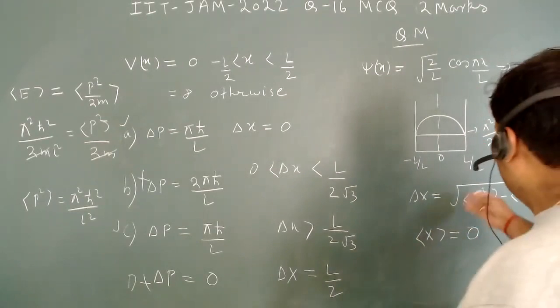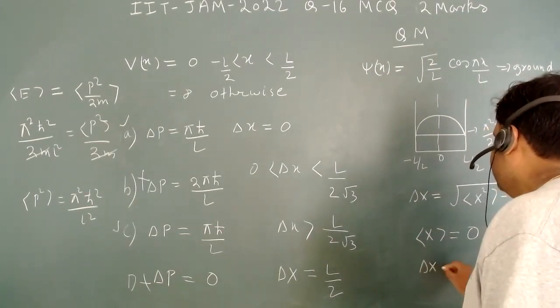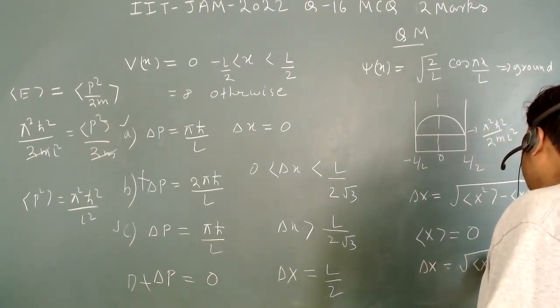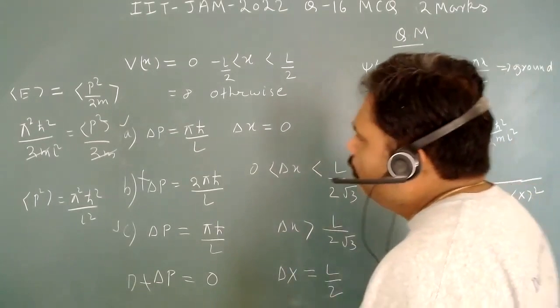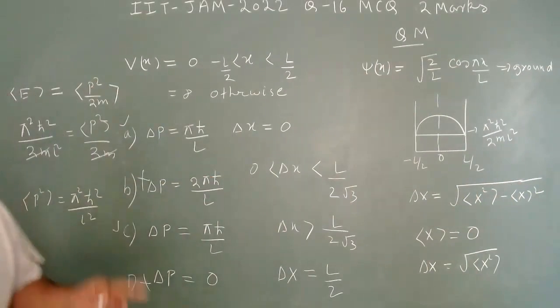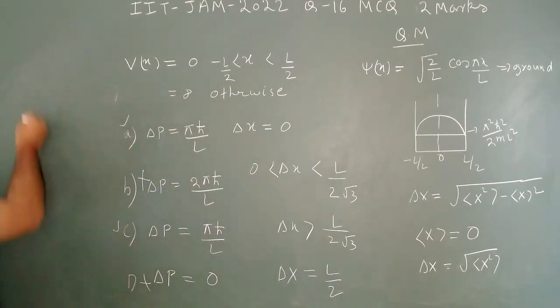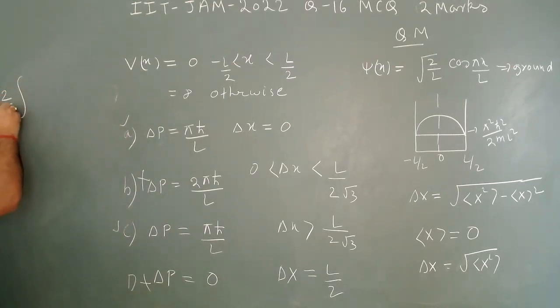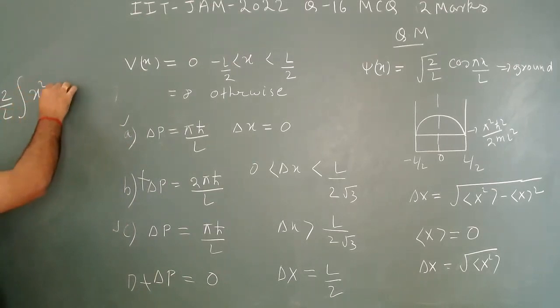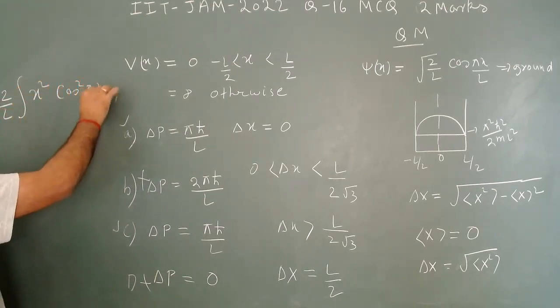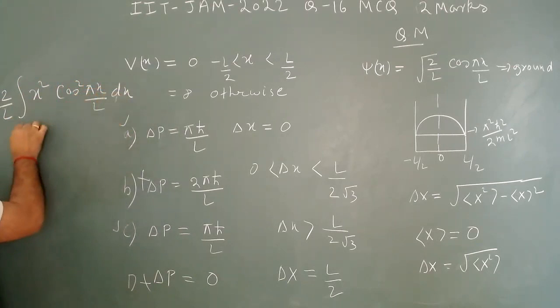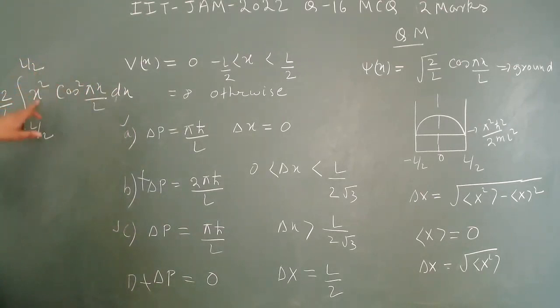Now delta x is nothing but the root of the expectation value of x square. When we calculate the expectation value of x square, it is the integral of 2 by L, the normalization constant, times x square cos square pi x upon L dx from minus L by 2 to plus L by 2. This is an even integral, which is not equal to 0.